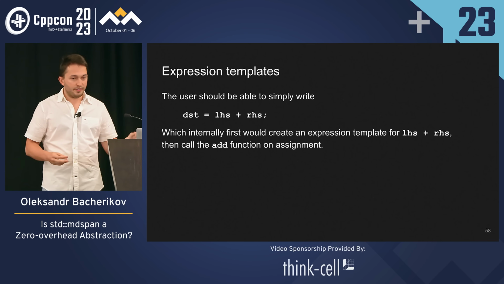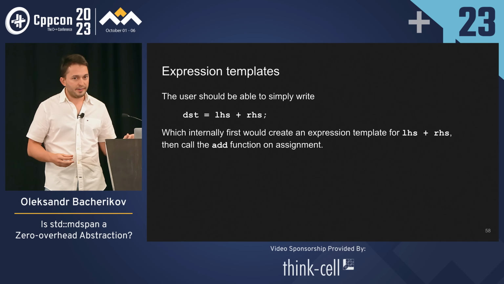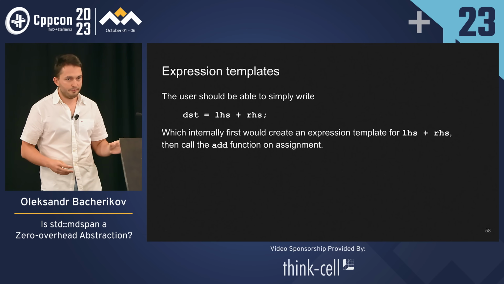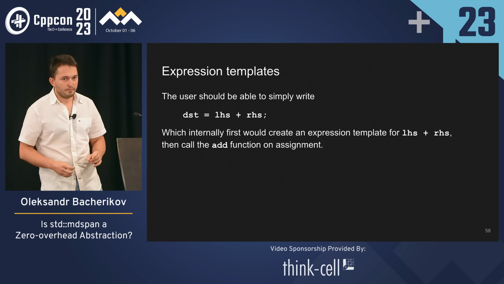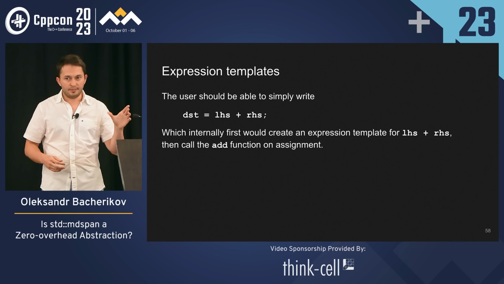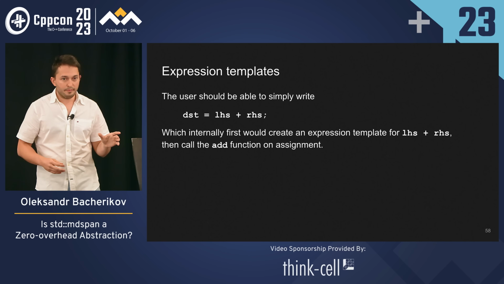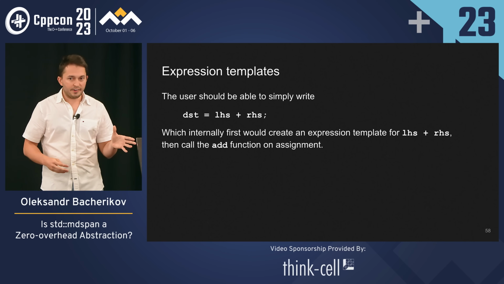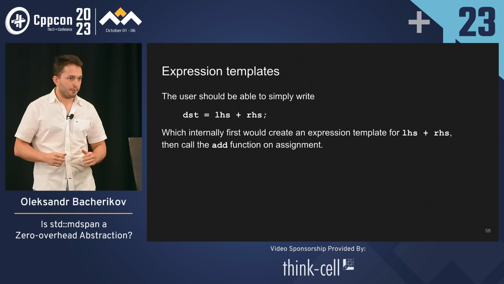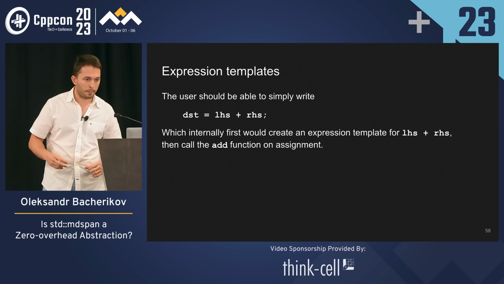And on the assignment operator, we can call our add function from the previous slide. But in this case, we can actually make some more optimizations. If one of the inputs is passed as an rvalue, we could reuse its storage if it's a container, and just write the output in there, potentially.